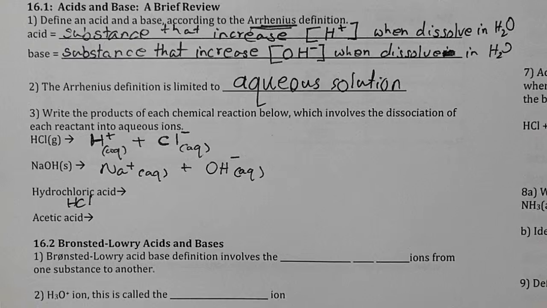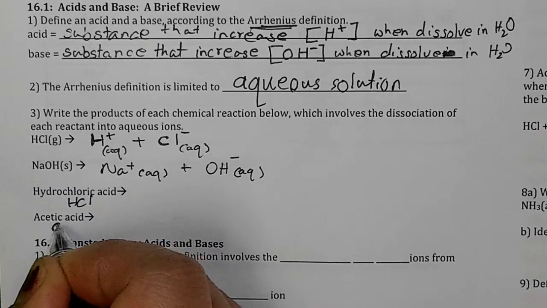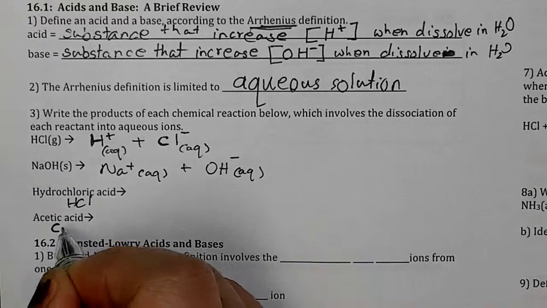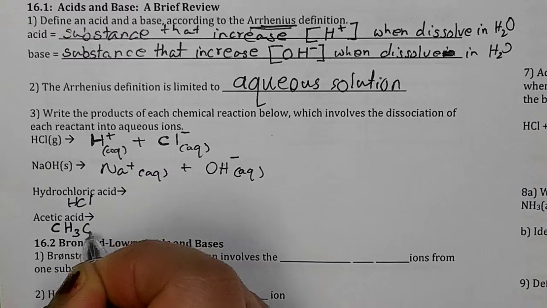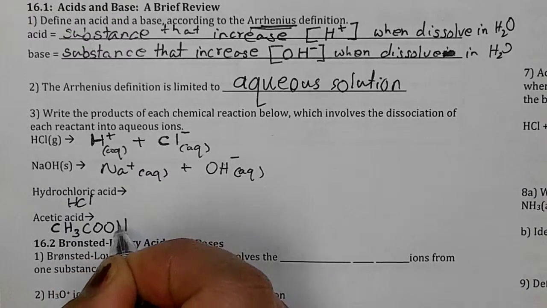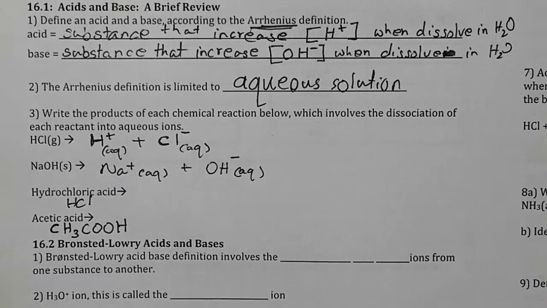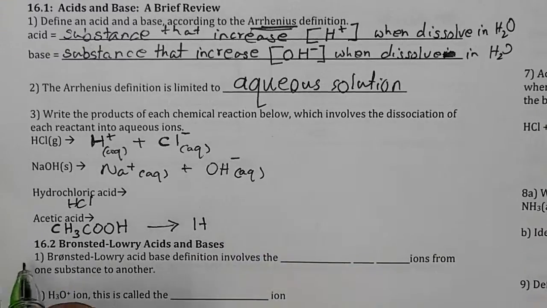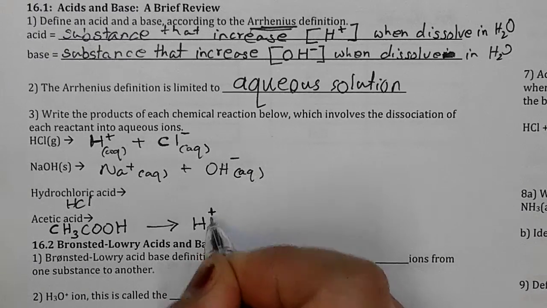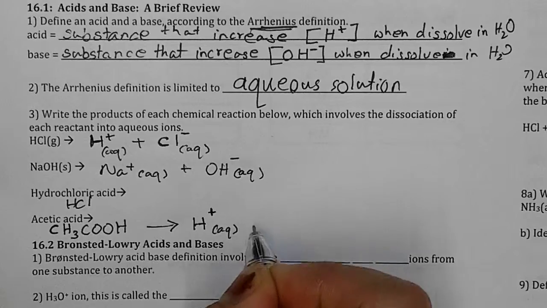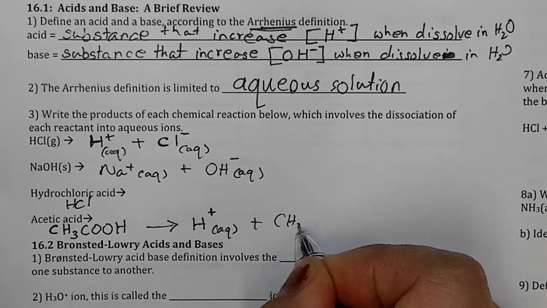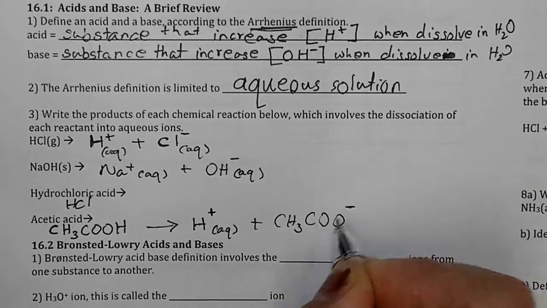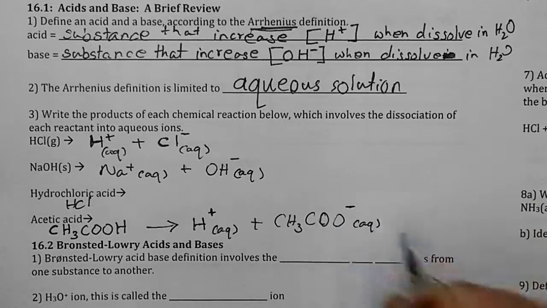Okay, tricky. Acetic acid. Vinegar. It comes from acetate. You guys remember what acetate is? CH3COOH. So it's gonna break apart. Again, it's an acid, so H plus is gonna go away. It's gonna be AQ. And then you're gonna have CH3COO minus, and that's also AQ.